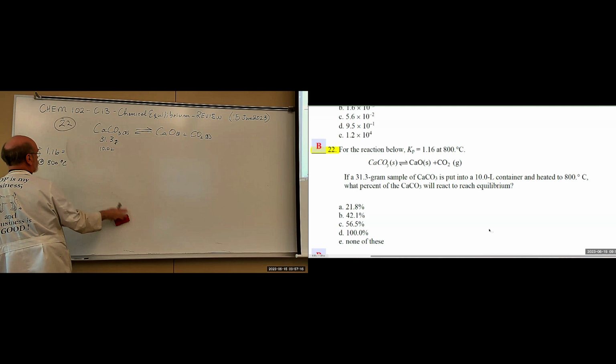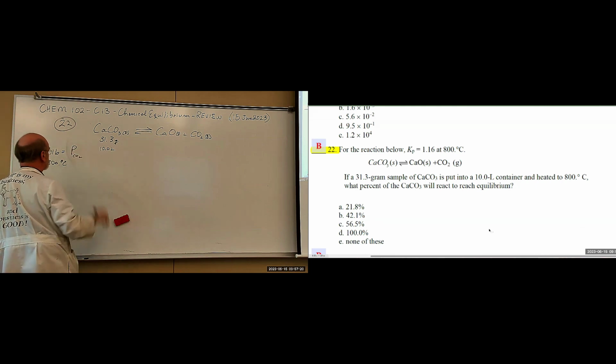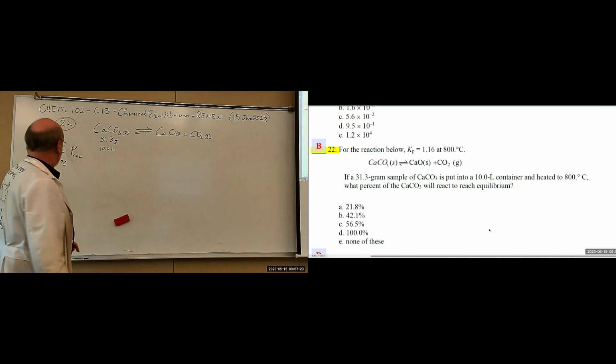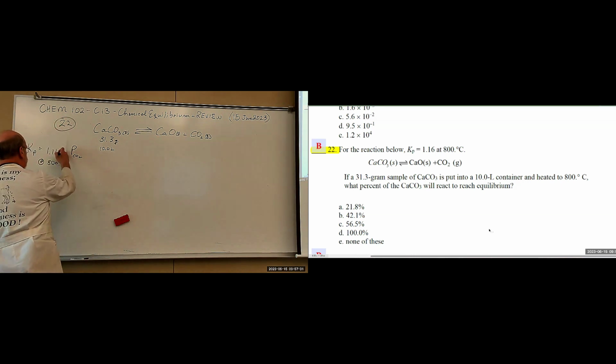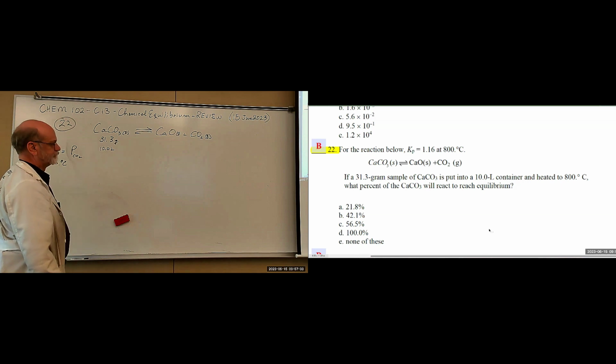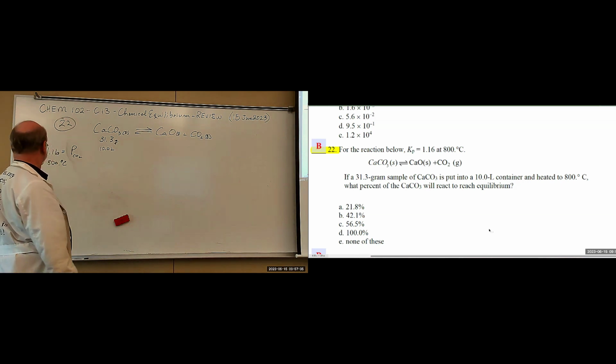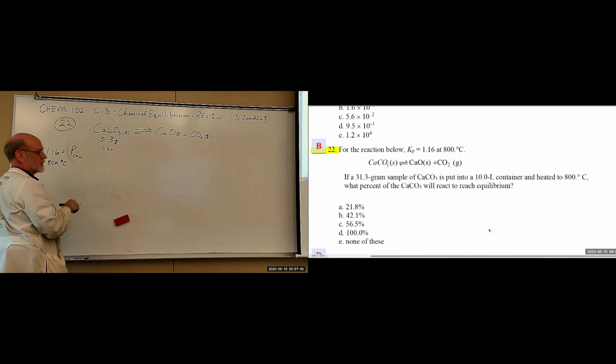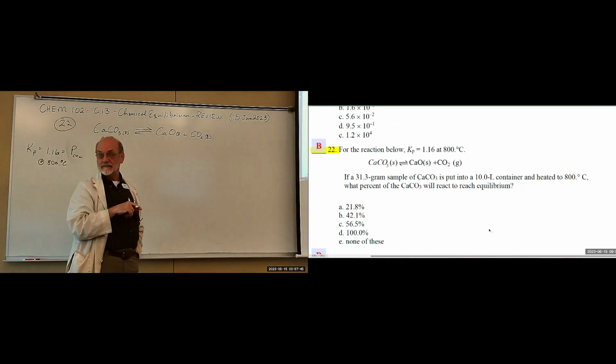Using the proper convention, it's partial pressure of CO2 equal to 1.16 atmospheres. Okay. All right. So what does that mean for the reaction? Well, at equilibrium, what will be the partial pressure of CO2? 1.16 atmospheres, right?